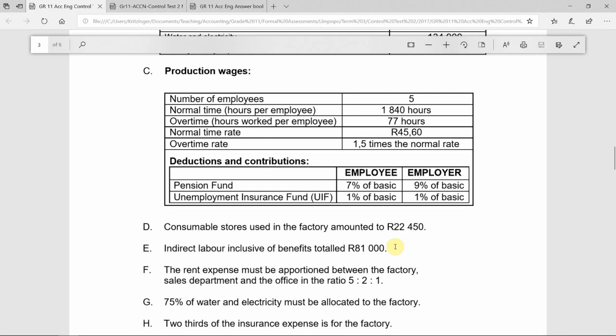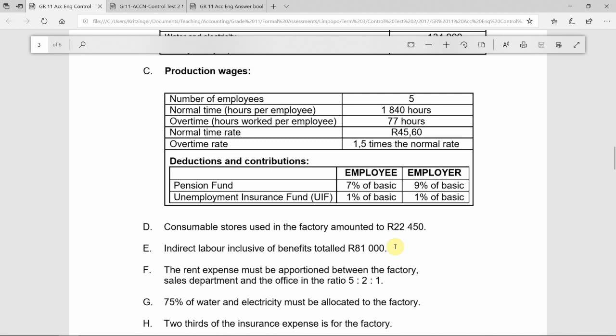So in this case it will be the pension fund and the unemployment insurance fund. So it's 9% plus another 1%, so it is in fact 10%, and that will be of the normal time.